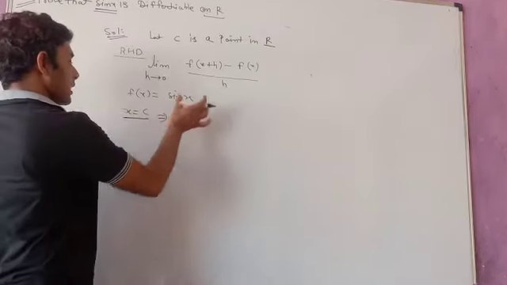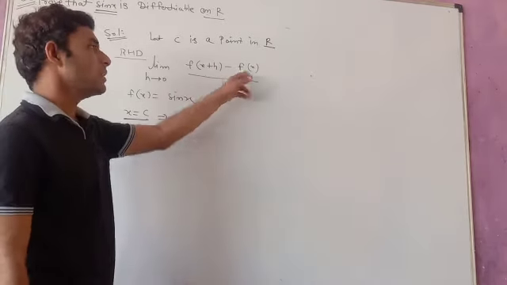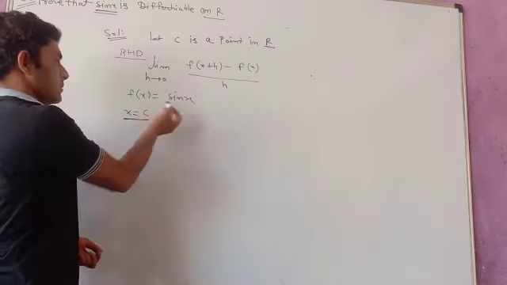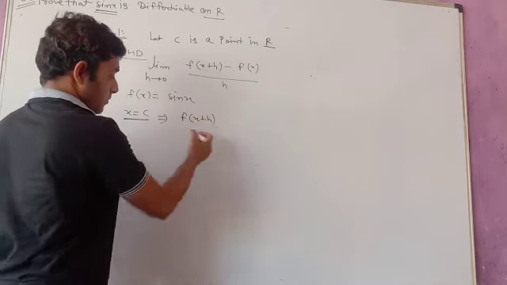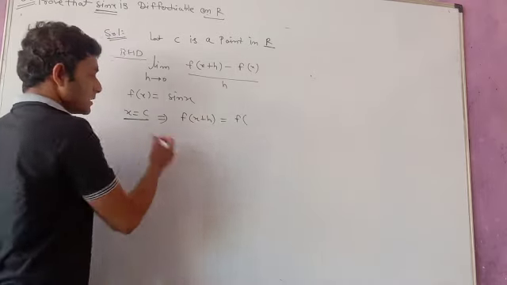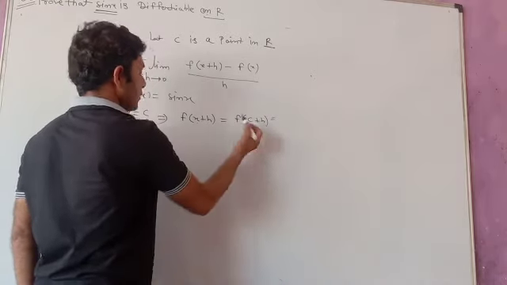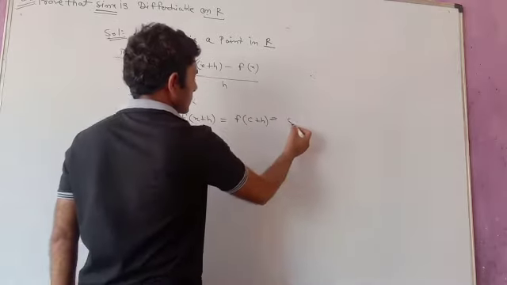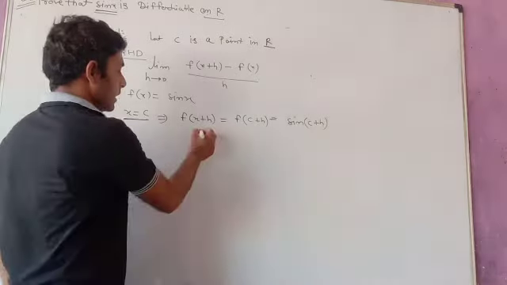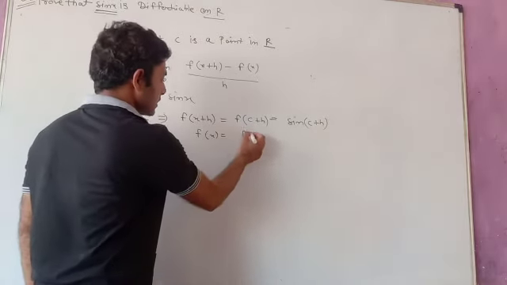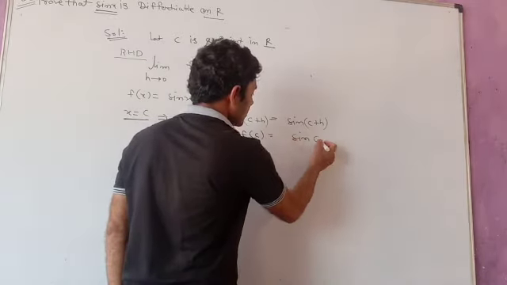So according to the formula, we have to substitute the values of f(x plus h) and f(x). f(x plus h) means f(c plus h), and since the function is sin x, it's sin(c plus h), and f(c) is sin c.